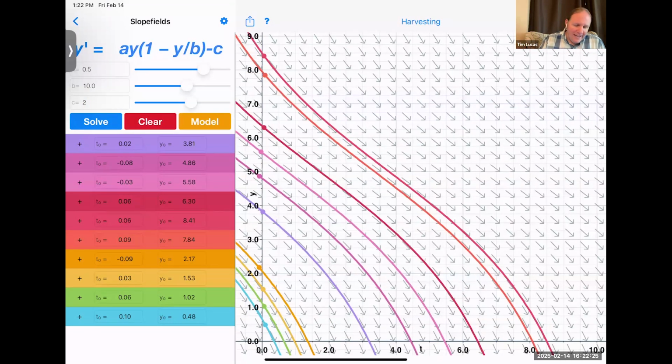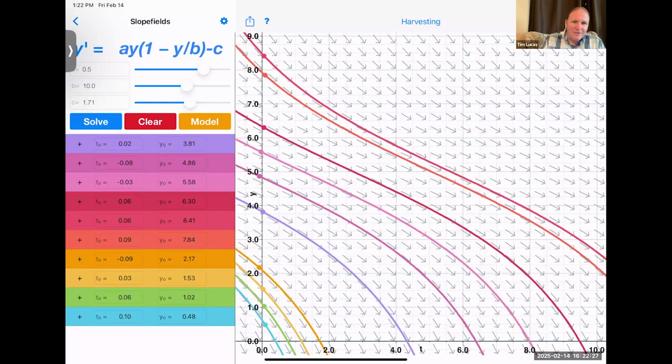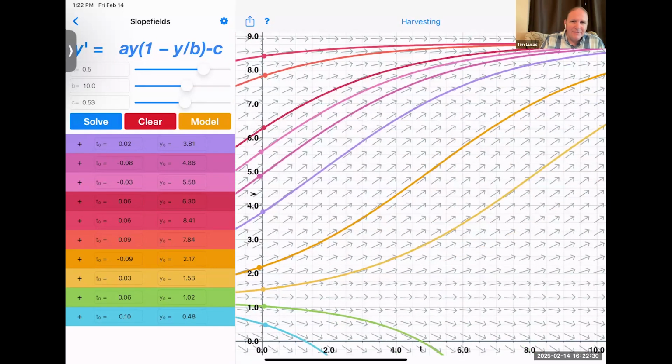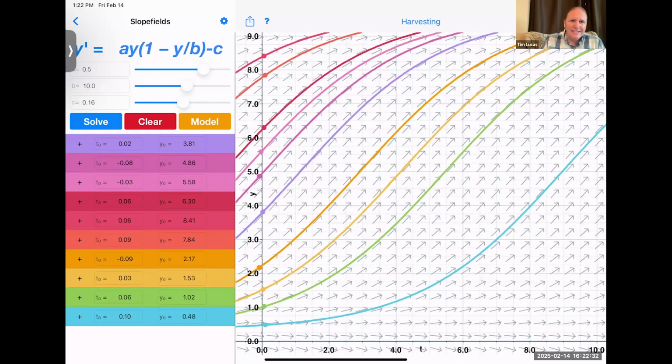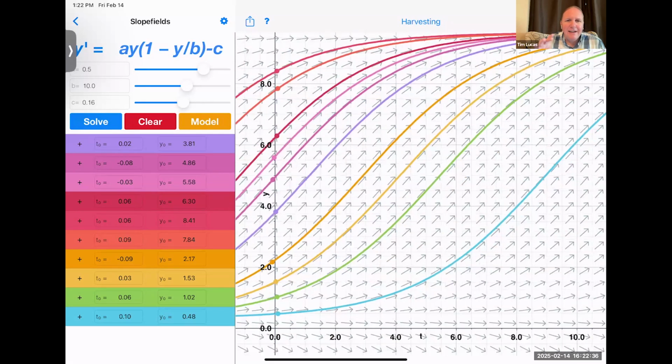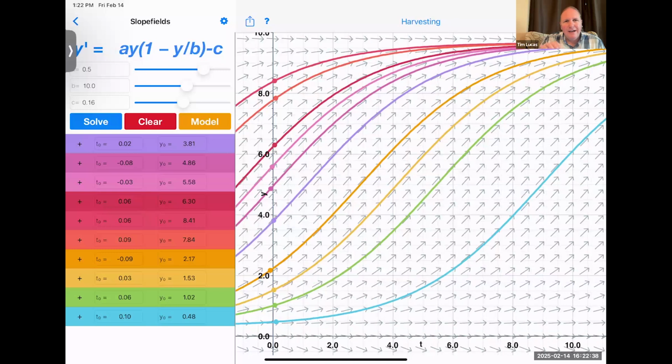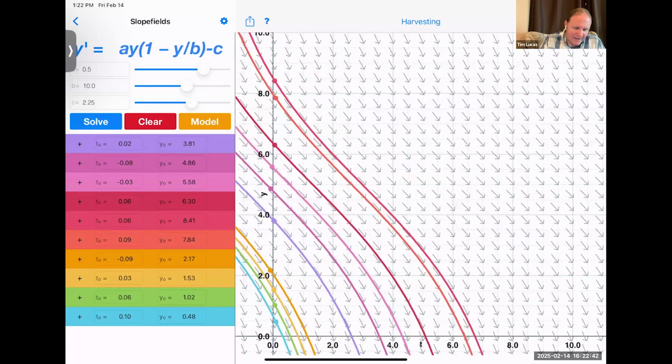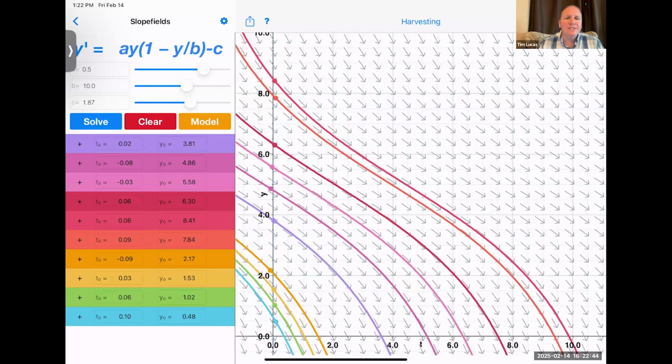And so what they can start doing is playing around with the model, playing around with the trapping, and then trying to see, oh, here, with this trapping constant, I've got two equilibriums, one that's stable and one unstable. But if I increase trapping, I can make the equilibriums disappear. And so this is their first look at bifurcations, right?